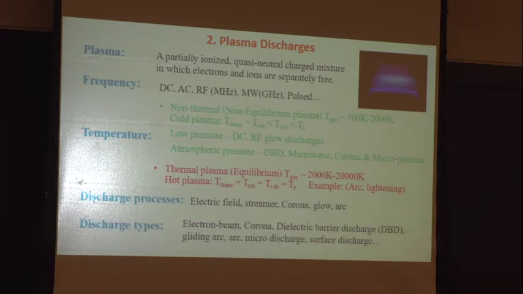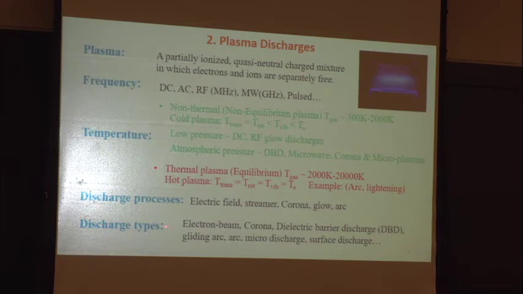And also you call it the discharge process. The discharge can be an electric field, just like DC or AC. It could be a streamer, where you generate a streamer propagating in the mixture. It could be something like a glow discharge. It could be arc or corona. This all depends on the type of discharge in the mixture.